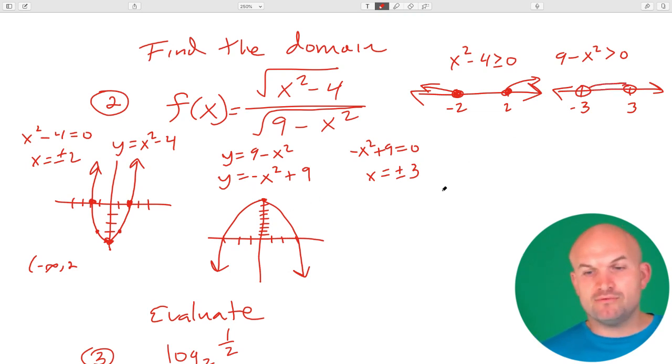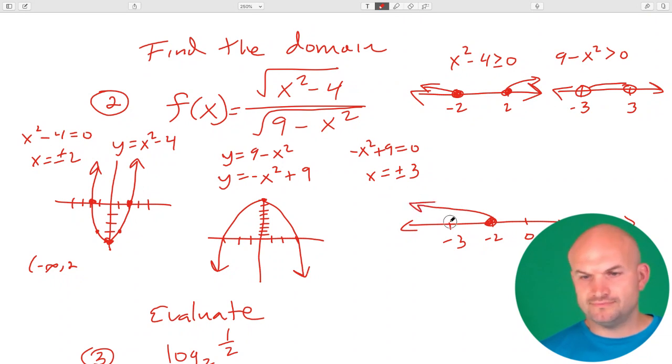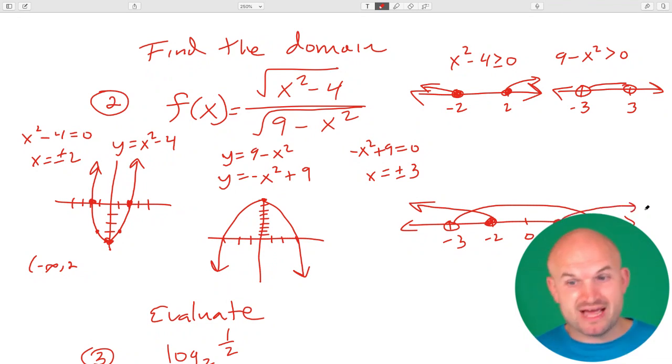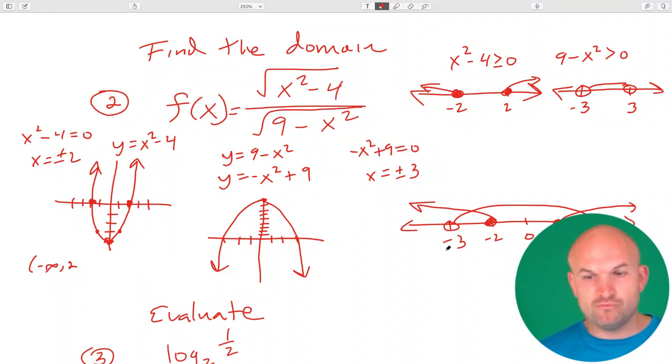So now basically what we're going to do to identify the domain is we're just going to put these two graphs on top of each other and identify the intersection. So let's have negative 3, negative 2, 0, 2, and 3. You can see here we have open circles, and again, we're only going to graph where they intersect.